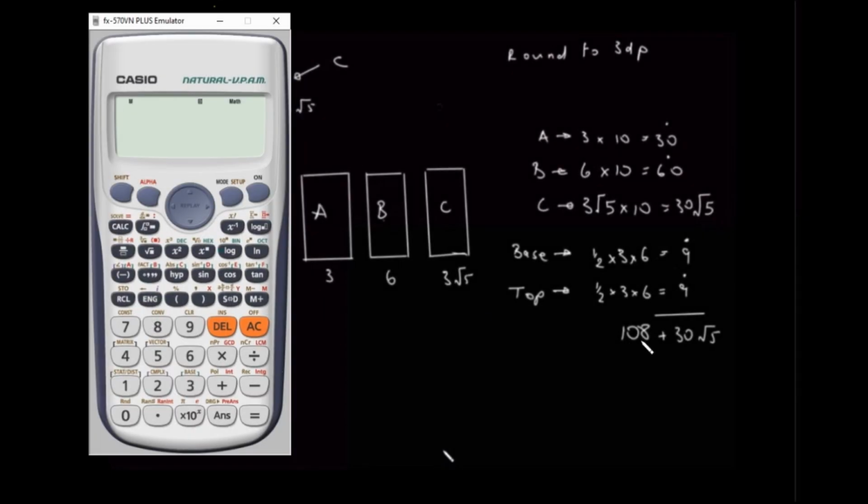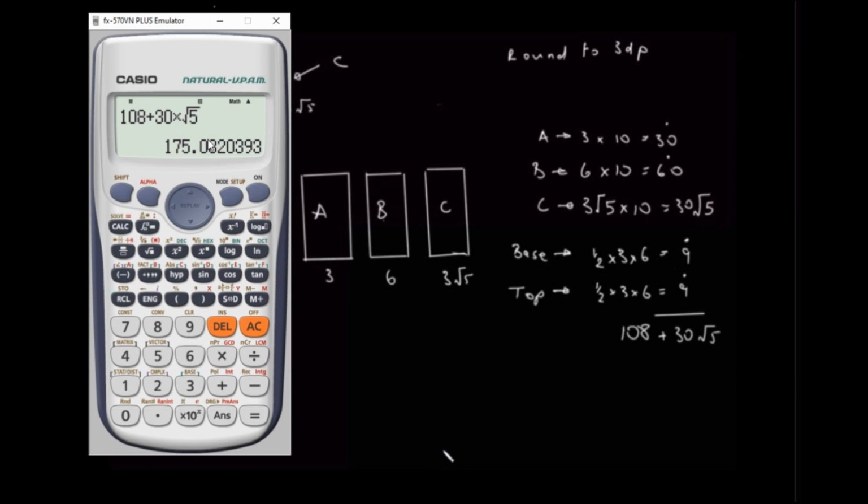Okay, so let's have a look, see what we've got here. We've got 108 plus that 30 root 5, so it is 108 plus 30 times square root 5, is that right? Yes. Gives me this figure here. Now you can see that we wanted to round it to 3 decimal places.